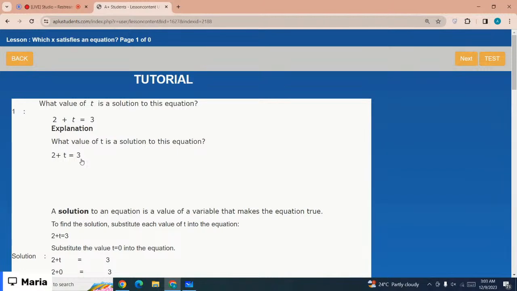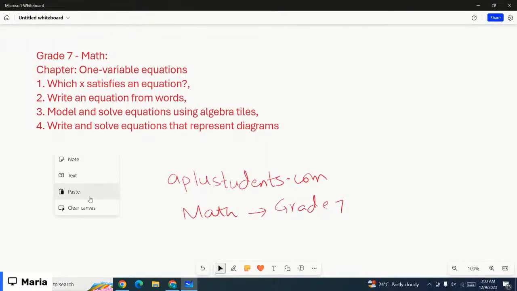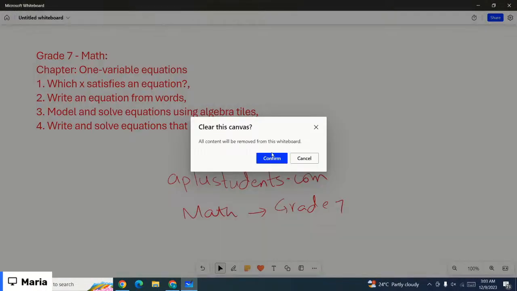For example, you are given 2 plus t equals 3. Basically, you need to calculate the value of t, right? The solution for t is a number that when added to 2 makes 3.